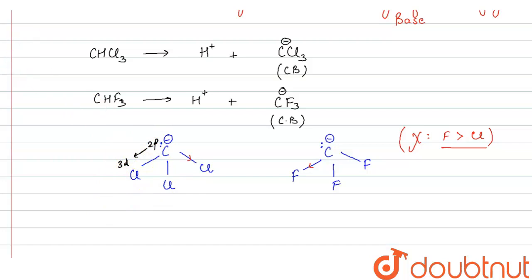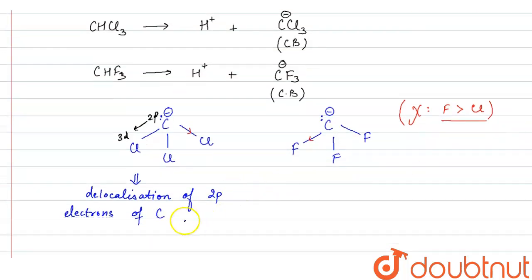There is delocalization of 2p electrons of carbon in the 3d orbital of chlorine.